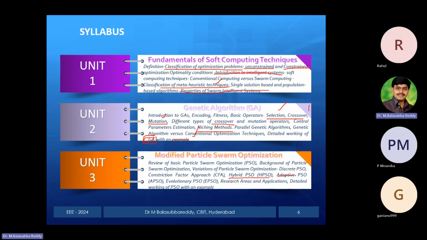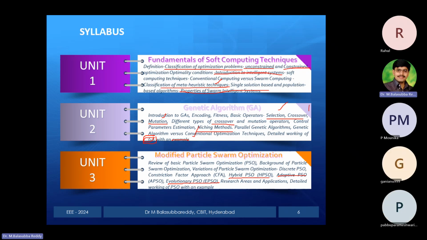And then adaptive PSO, that is APSO, and then evolutionary PSO, that we call EPSO. So there are different kinds of algorithms. We are going to use these algorithms in different applications.